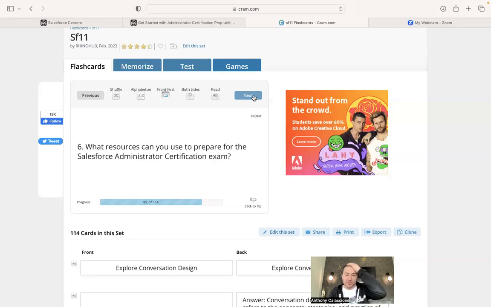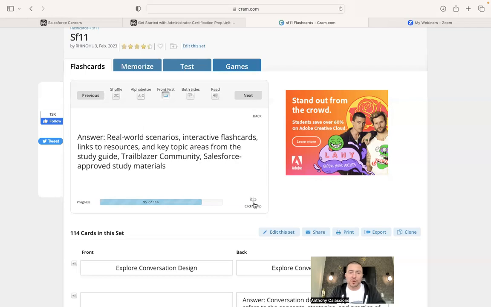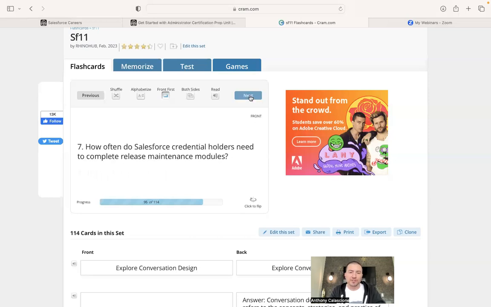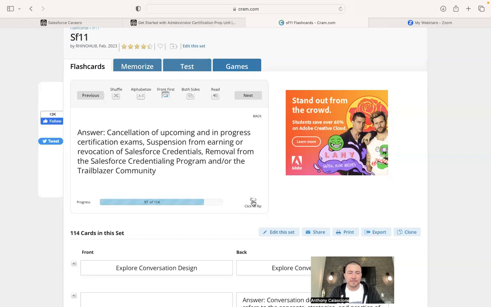What resources can you use to prepare for the Salesforce Administrator Certification exam? Real-world scenarios, interactive flashcards, links to resources, and key topic areas from the study guide, Trailblazer community, Salesforce approved study materials. How often do Salesforce credential holders need to complete release maintenance modules? Once per year. What are the consequences for violating the Salesforce certification program agreement?